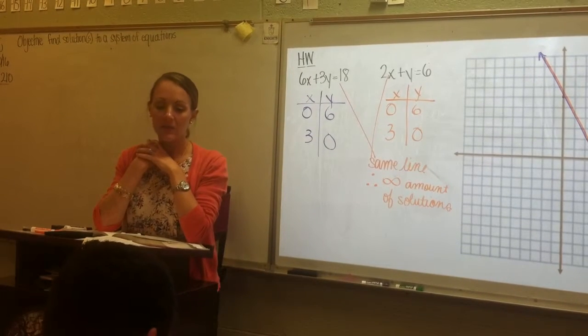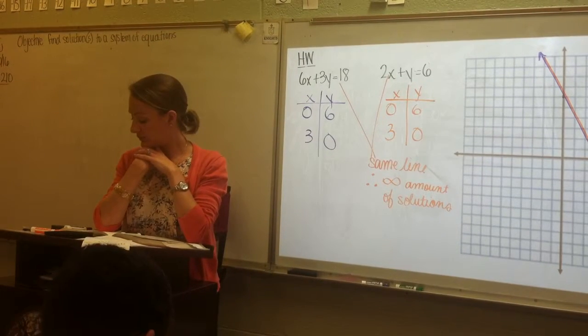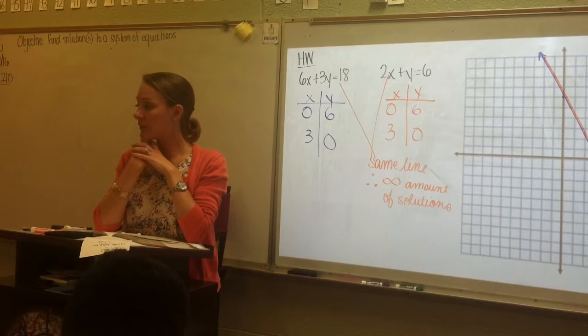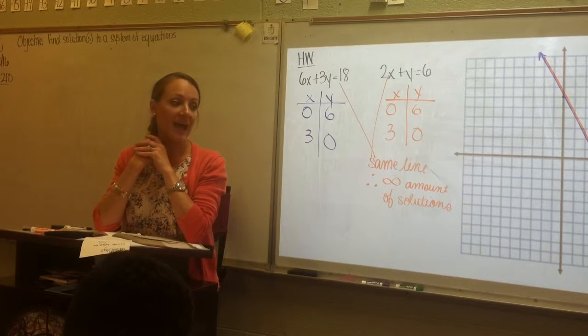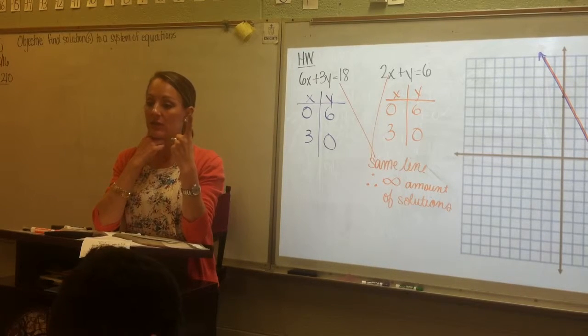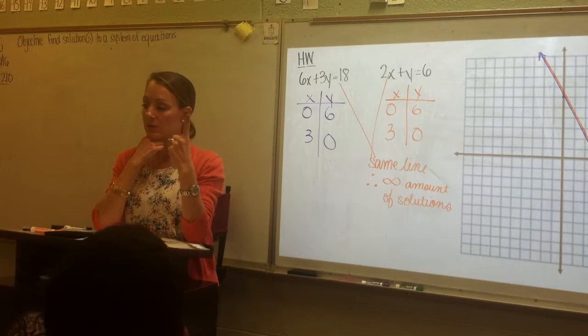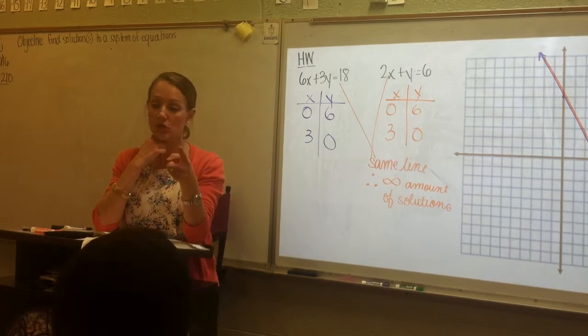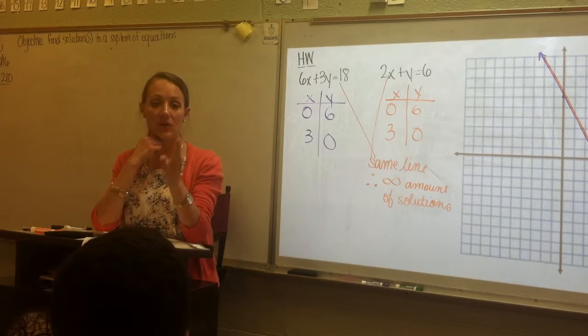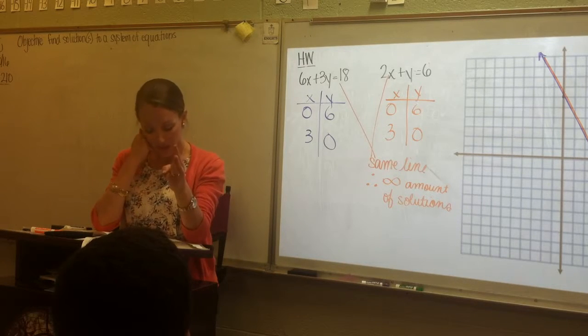I am going to assign you a problem on your whiteboard. You are going to graph it. If it has one solution, I want you to write the ordered pair of the solution. If it has infinitely many solutions, I want you to show me that on the graph. If it has no solution, I want you to tell me about the line.